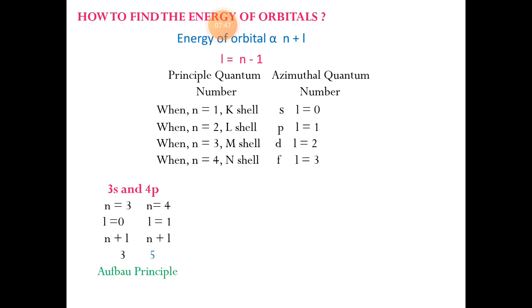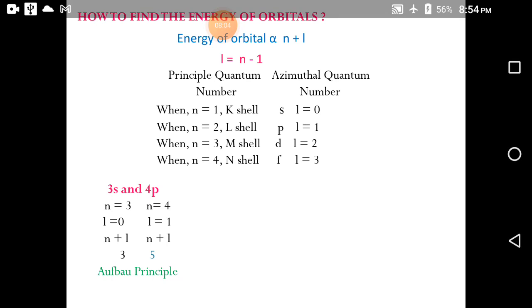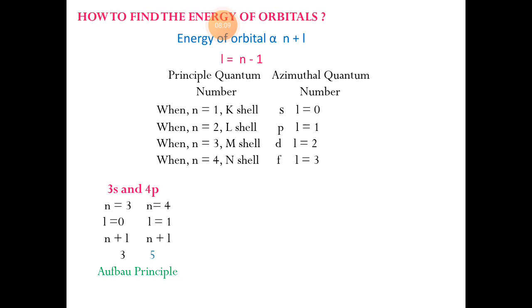For the 3s orbital, n is equal to 3 and L is equal to 0, because for the s shell L is equal to 0.